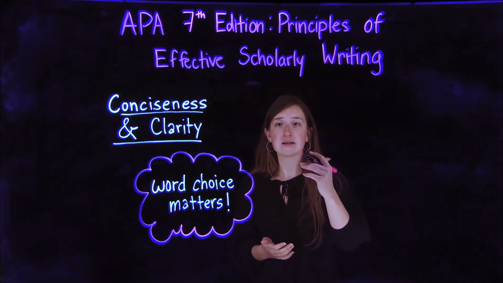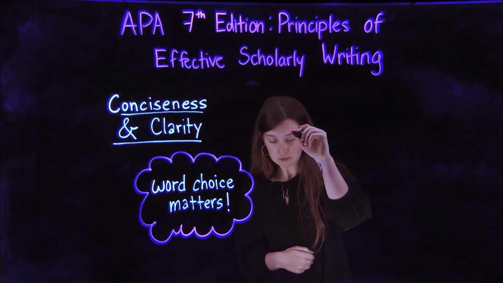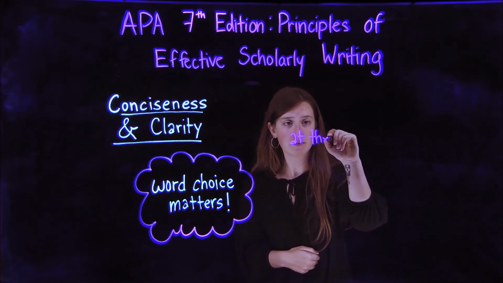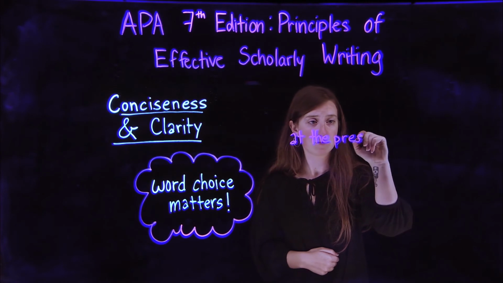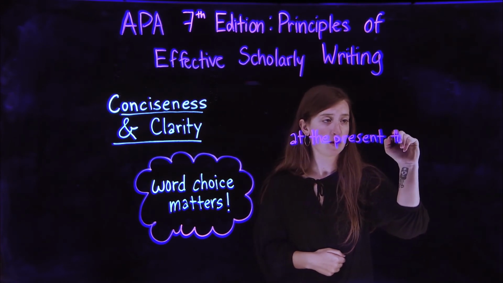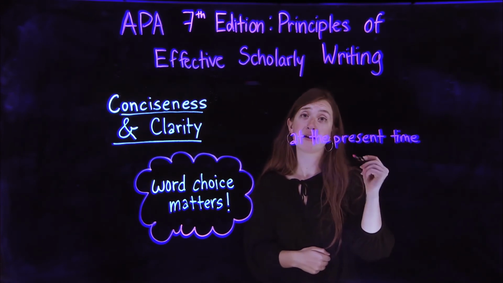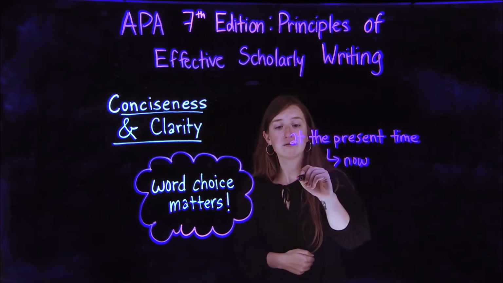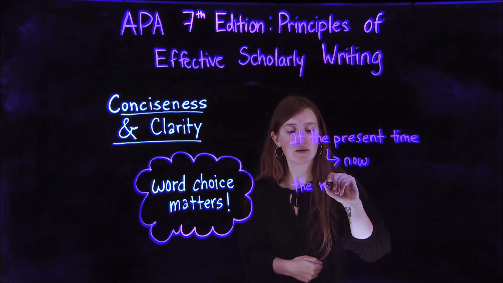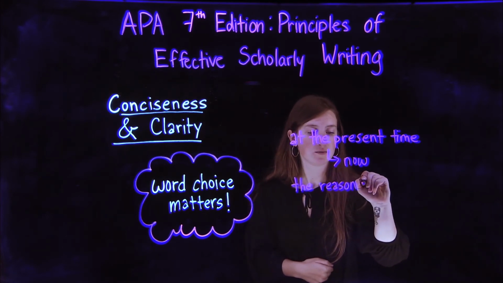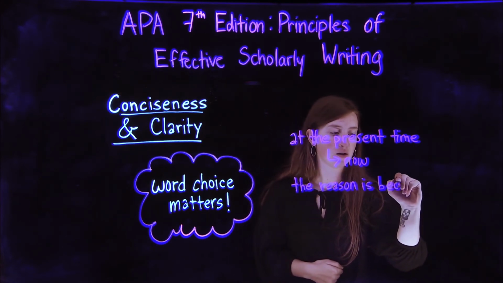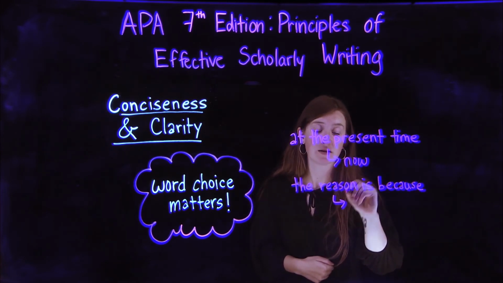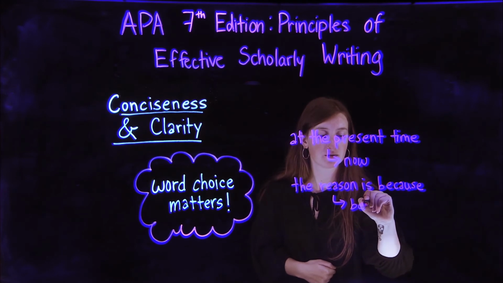And then one of the biggest things is avoiding repetition and redundancy. So for instance, instead of saying, at the present time, a much more concise as well as a clear way of saying that would just be now. Okay? Instead of saying the reason is because, it would be much more concise and much clearer to just say because.